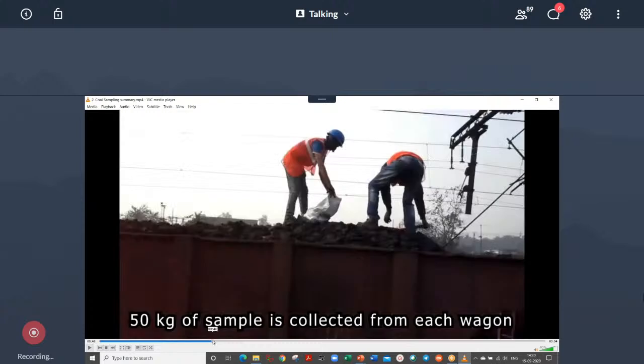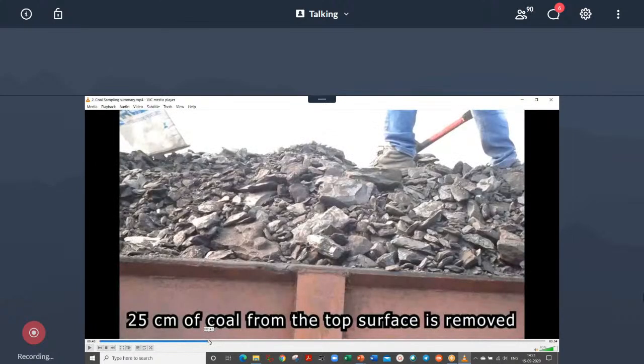The 25 centimeters is removed from here, on the top, and then the sample is taken. So it was taking time, one; it was manpower intensive, two; and it is also unsafe, three.